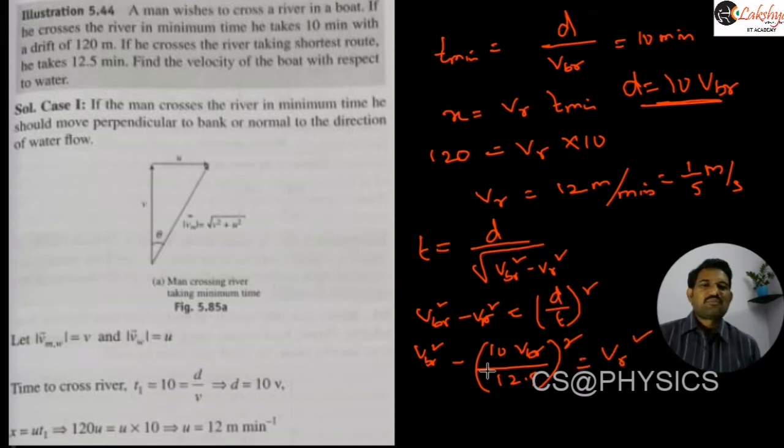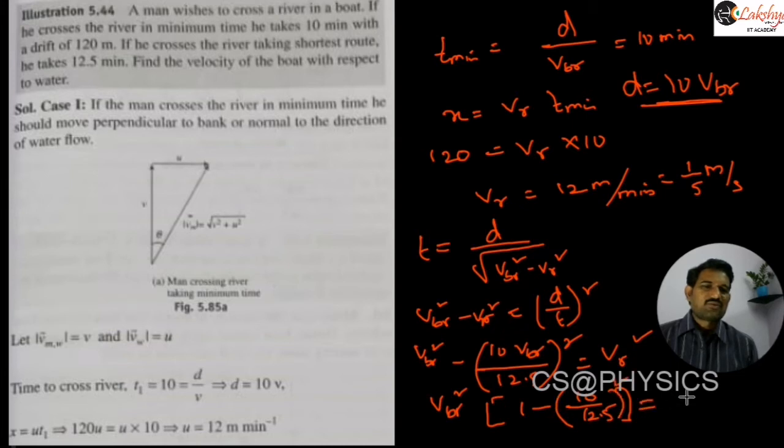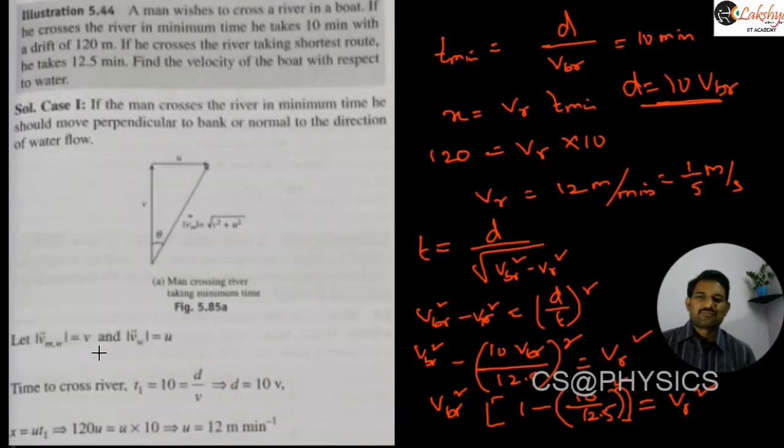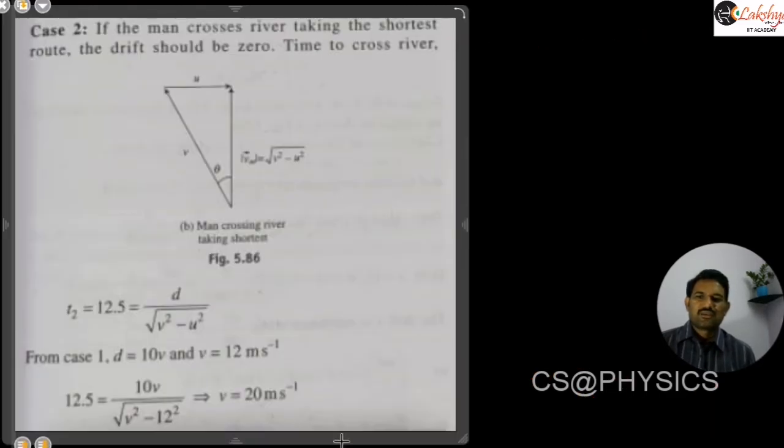Then simplify this, then you will get VBR square common: VBR square into 1 minus 10 by 12.5, whole square, is equal to VR square. Now substitute this VR and simplify this equation, you will get the VBR value. So that VBR value is nothing but 20 meter per second, right? So that is those values.